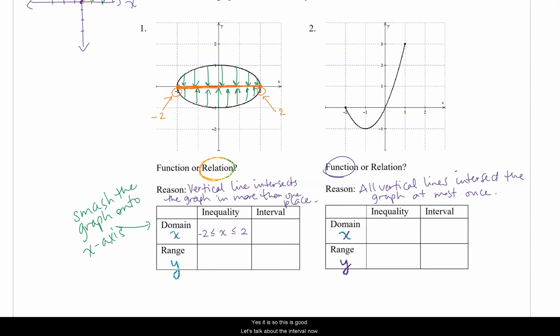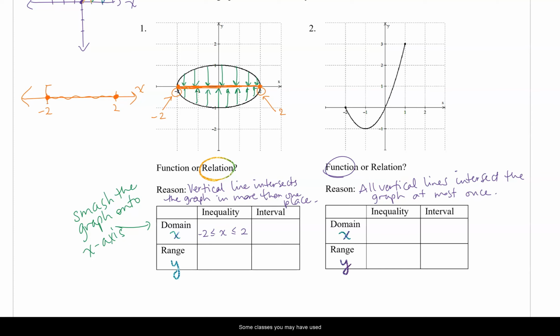Let's talk about the interval now. Interval notation is shorthand for a number line. So if we take this graph and we just look at the x-axis, from -2 to 2 are the values that I have in the domain. I'm including -2 and I'm including 2. In past classes you may have used solid dots to indicate that we're stopping at -2 and 2, but we're also including them.